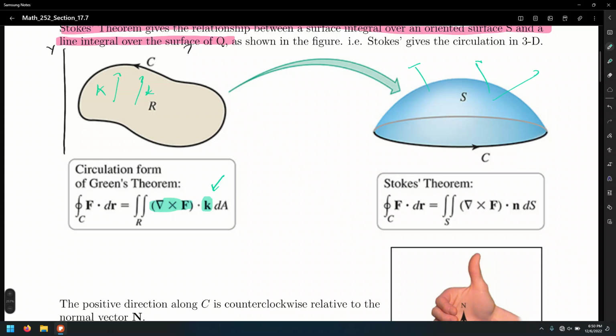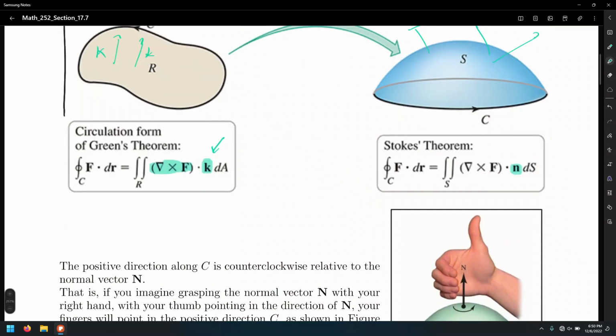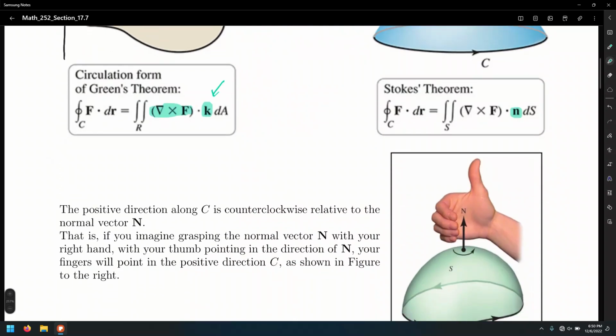So in this case, we are going to generalize this to some normal vector that we will call N. All right? And as far as the orientation of a surface, you can think of your paper as a surface. You put a vector that is normal to your paper, grasp the vector, you will see your fingers curling counterclockwise. All right, so that means the positive orientation in this case.